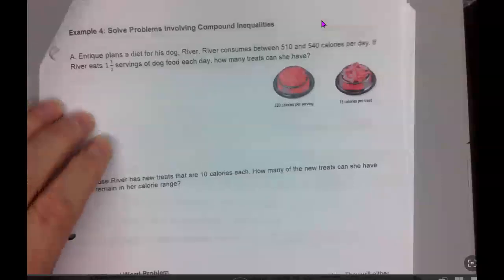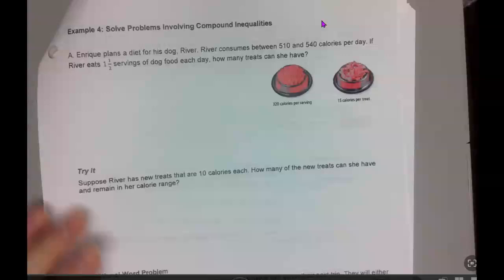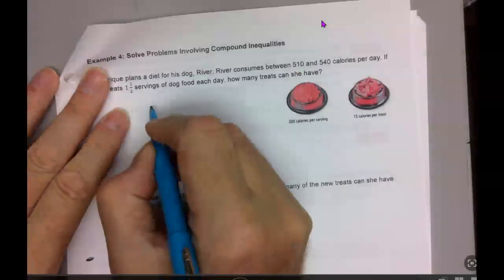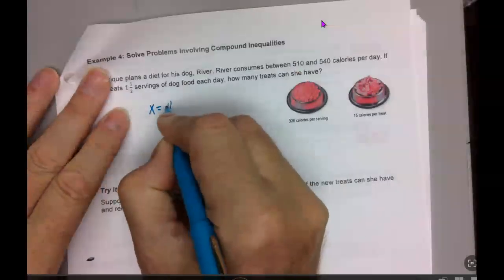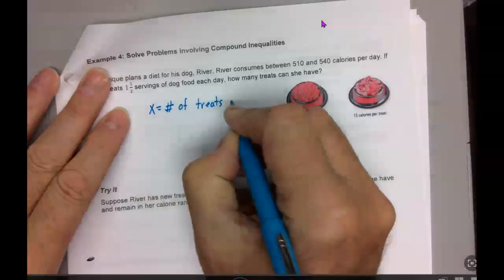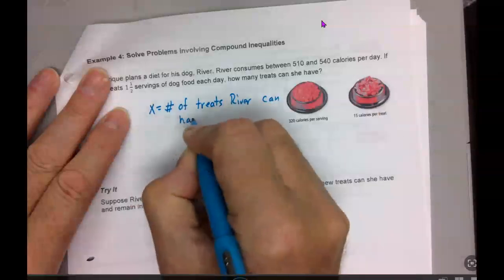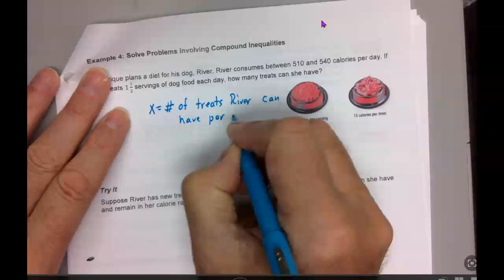Okay, so if she's eating 1.5 servings per day, I'm going to let X represent the number of treats River can have each day. So X equals number of treats River can have per day.